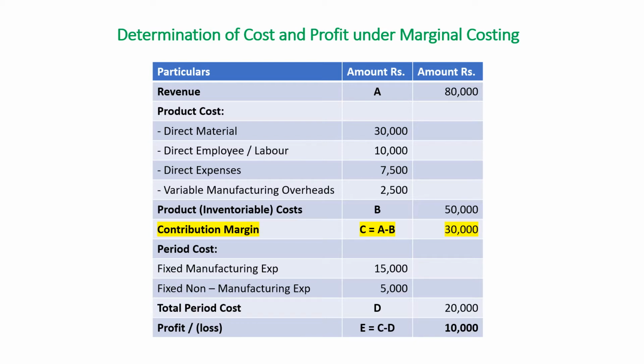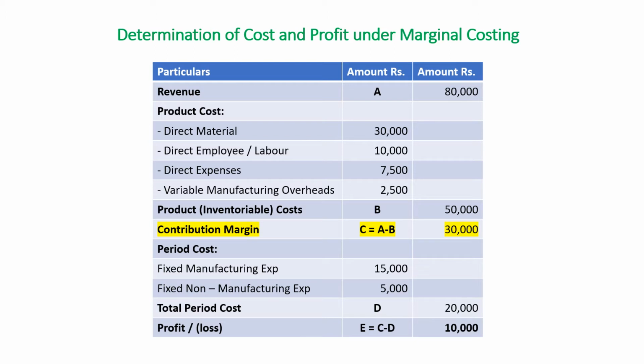Determination of cost and profit under marginal costing. Revenue, this is sales revenue, 80,000. Product cost includes direct material 30,000, direct employee or labor cost 10,000, direct expenses 7,500, variable manufacturing overheads 2,500. All put together it is 50,000.